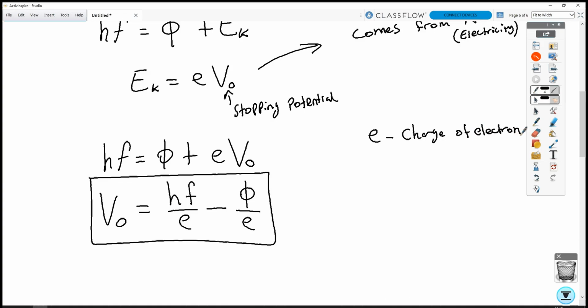And you already know that this is equal to minus 1.6 times 10 to the minus 19 coulombs. You have to know that. They don't give it to us in the equation sheet. You always have to know it. Basically, learn it because you don't want to waste time in the exam looking for things in the equation sheet.